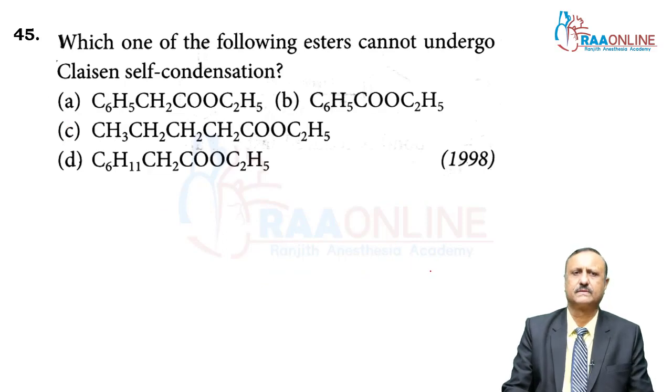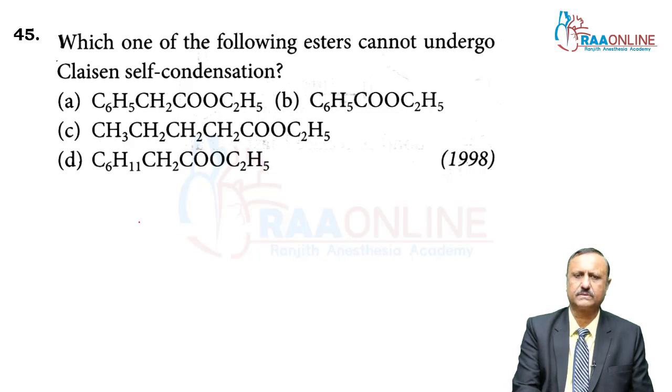Now, my dear friends, this is question number 45, which was asked in 1998. Which one of the following esters cannot undergo Claisen self condensation? My dear students, only those compounds undergo Claisen self condensation in which alpha hydrogen atoms are present, and with the alpha hydrogen atom these compounds form higher esters.